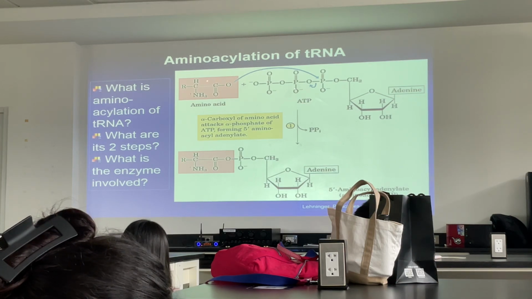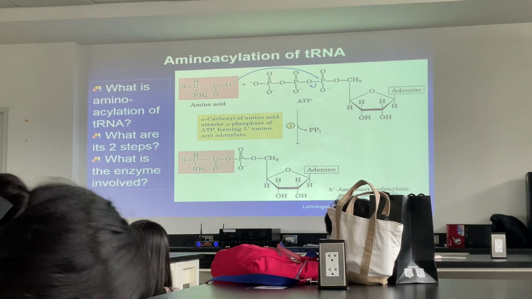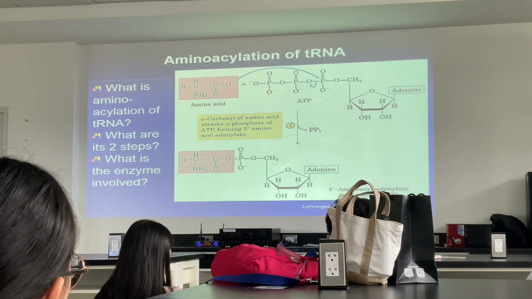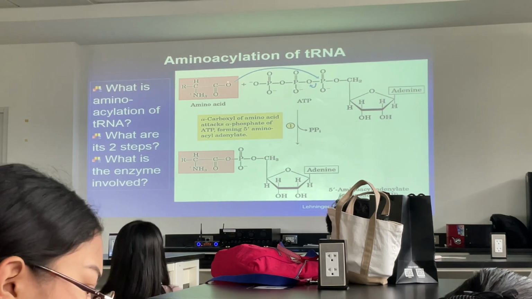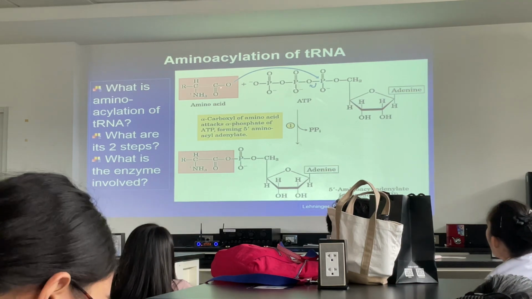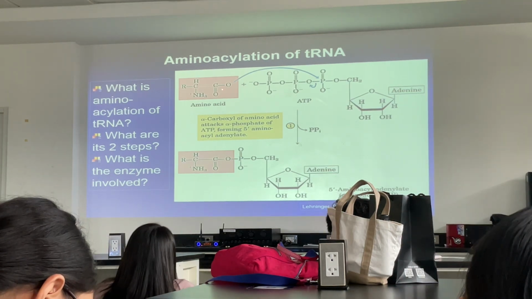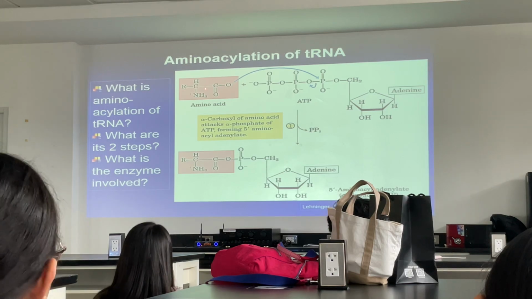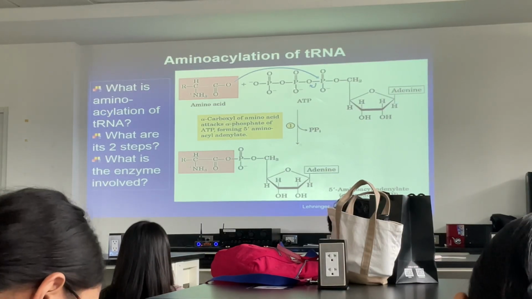How is an amino acid activated? By reacting with a molecule of ATP. How? The alpha carboxyl, this oxygen in the alpha carboxyl group. Remember, this is alpha carboxyl because this is attached to the alpha carbon atom, the chiral carbon atom in your amino acid molecule.